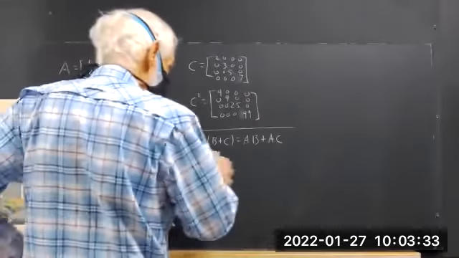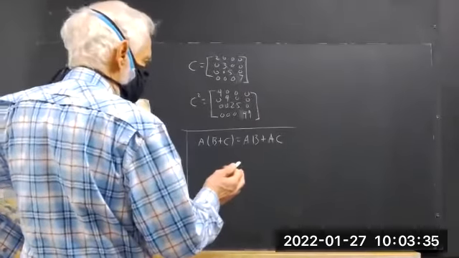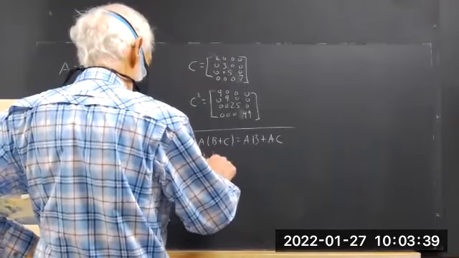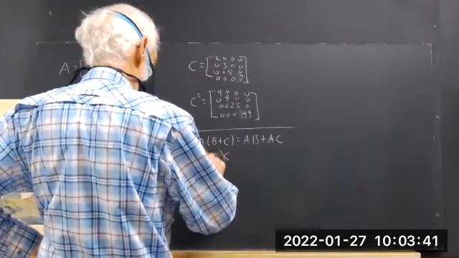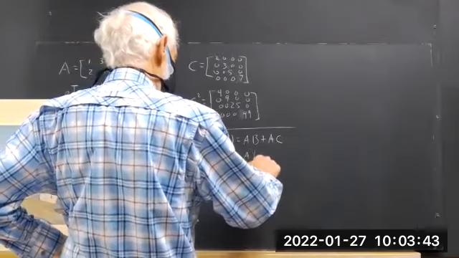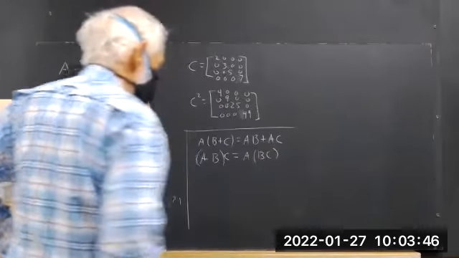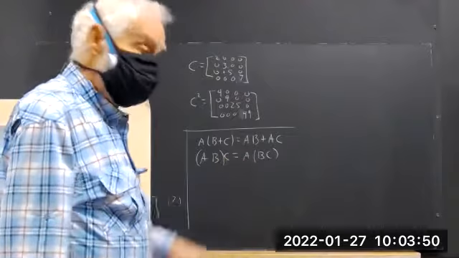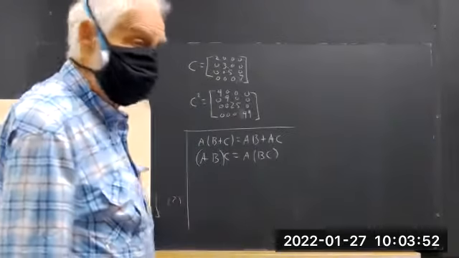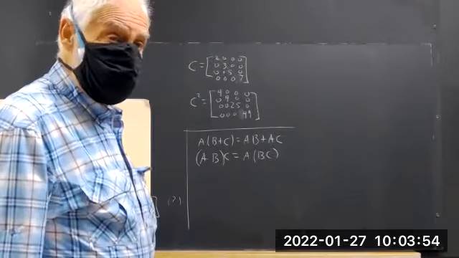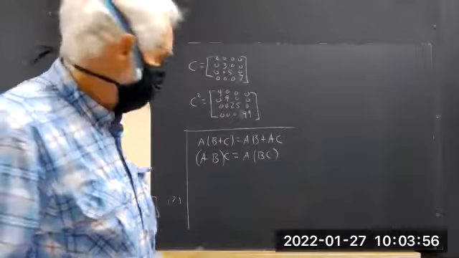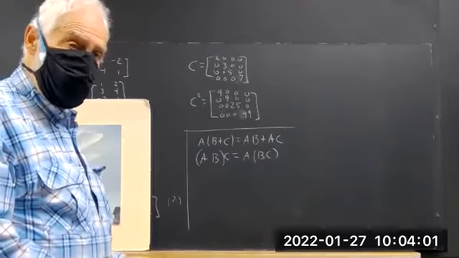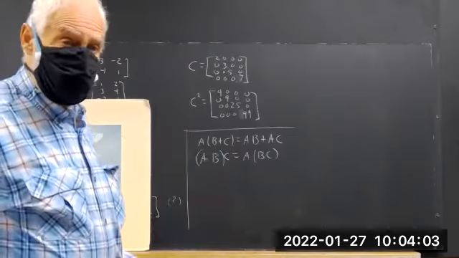Okay, so we got this. Okay, there's an associative law for multiplication, and a distributive law. Okay, and of course there's an associative law for addition. If you're doing A plus B plus C, it doesn't matter if you do A plus B first or B plus C first.